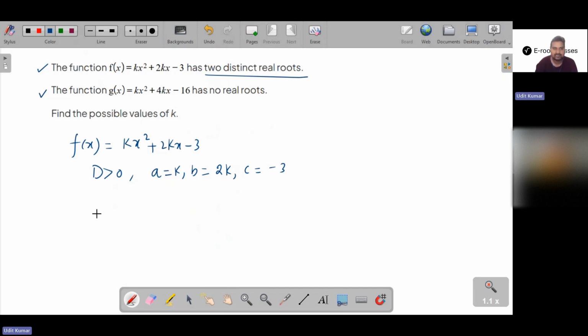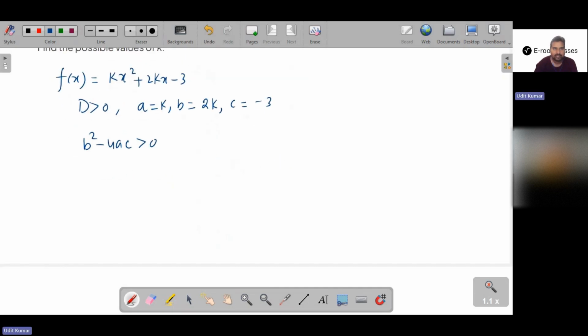Now, if D is greater than 0, it means b squared minus 4ac is greater than 0, which means (2k) squared minus 4 times k times minus 3 is greater than 0, which means 4k squared plus 12k is greater than 0.